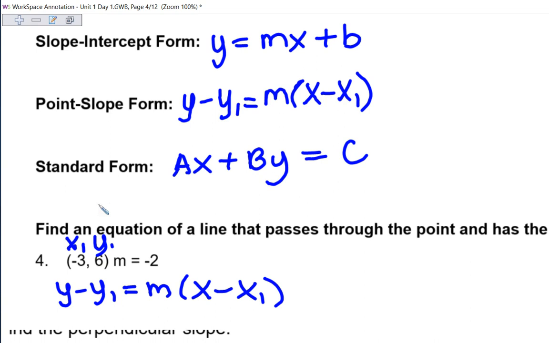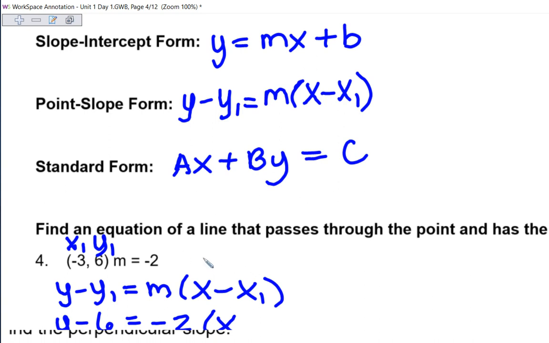Now fill in those 3 values. For x1, put a -3. For y1, put a 6. For m, put a -2. So bring down the y, bring down the minus, and for y1 put 6. For m put -2, then my parentheses, then my x, and my minus, and for x1 put -3.